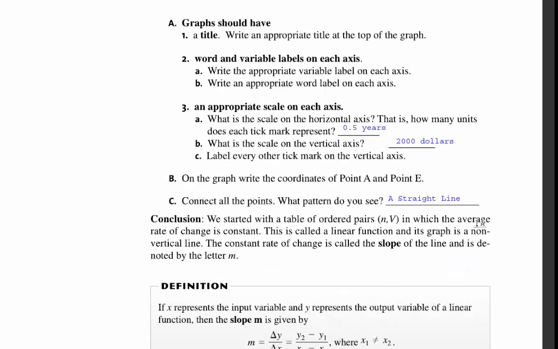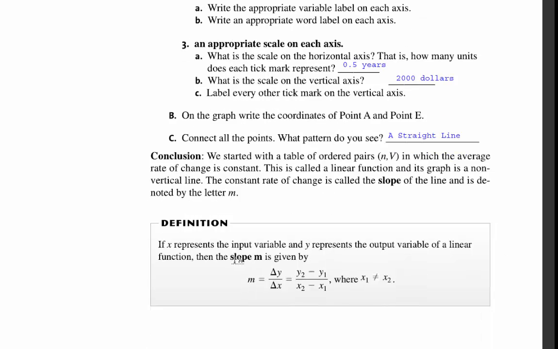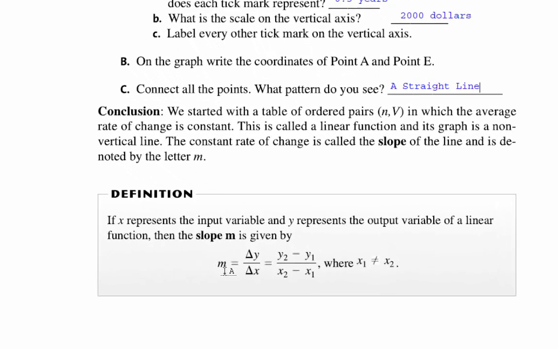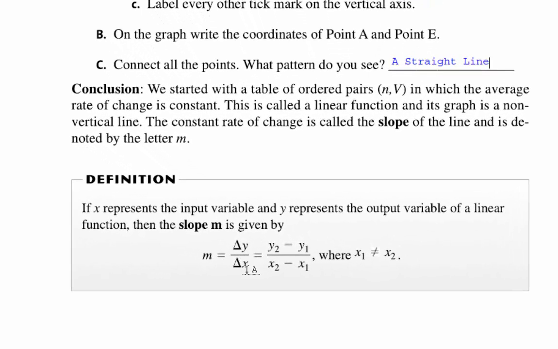We then decided that if the average rate of change is constant, we have what we call a linear function, and its graph is a non-vertical line. The constant rate of change is called the slope and is denoted by the letter m. And then we're given another definition that says m, or the slope, is the change in y over the change in x, which is the same thing as saying the change in output over the change in input. Sometimes you'll see it referred to as y2 minus y1 over x2 minus x1.